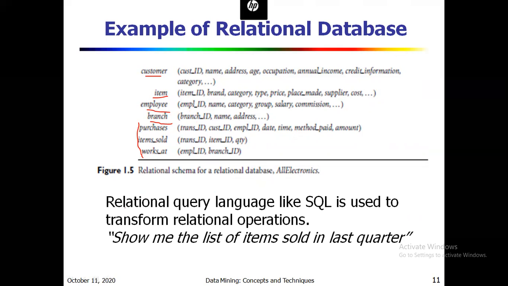A relational query language like SQL is used to perform relational operations. For example, if I generate a query, show me the list of items sold in the last quarter, this query will show me the list of items sold in the last transactions by calling the item ID.